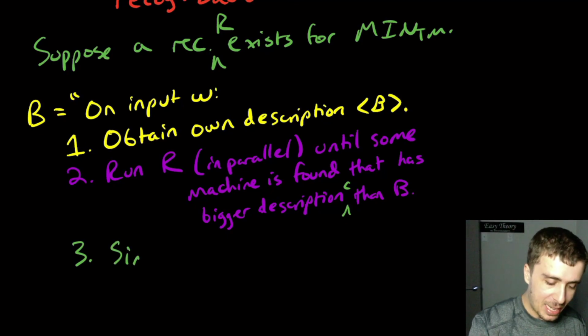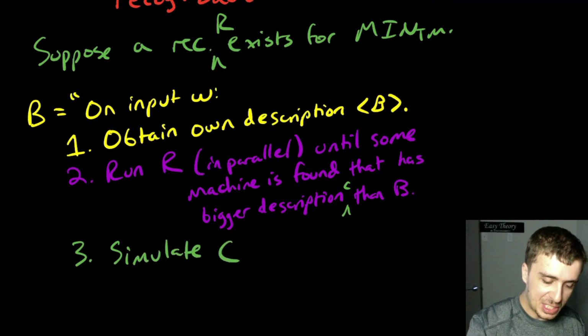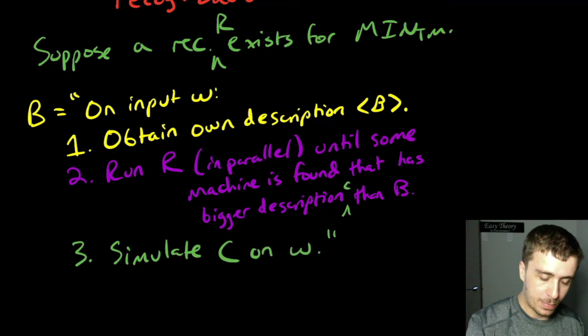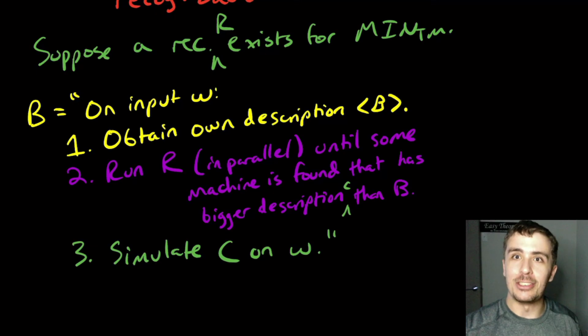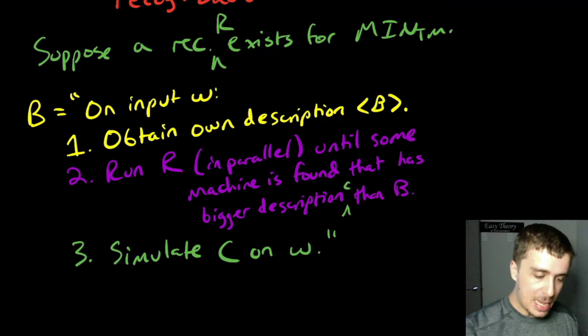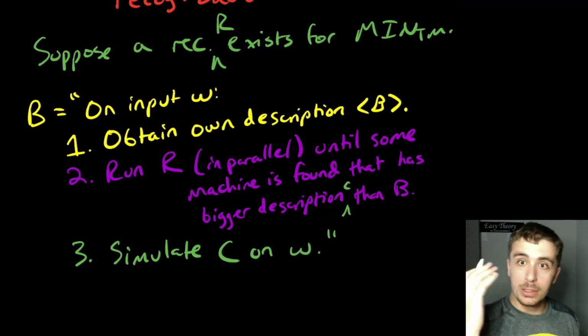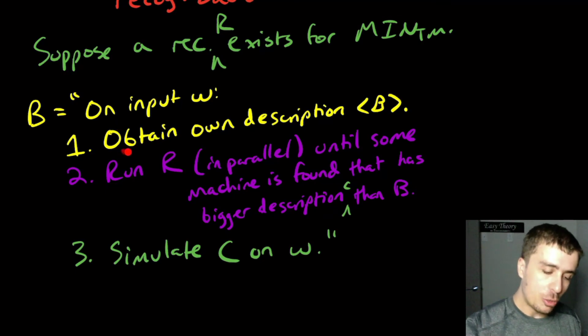So simulate C on W. And this is a contradiction, because B obtained its own description right here.